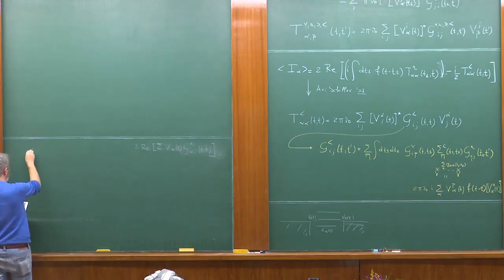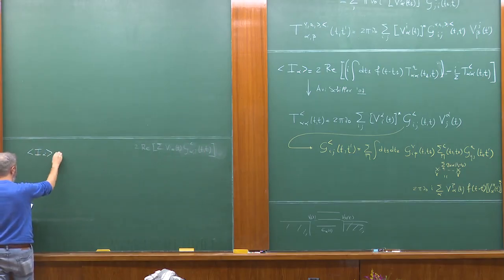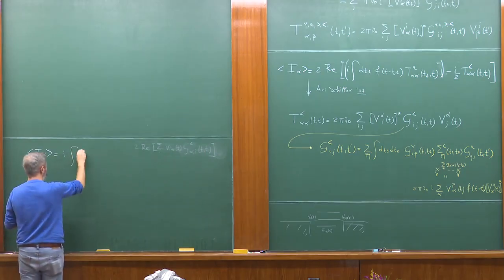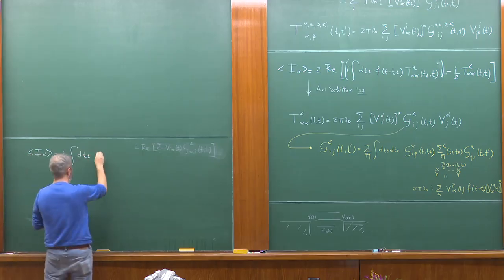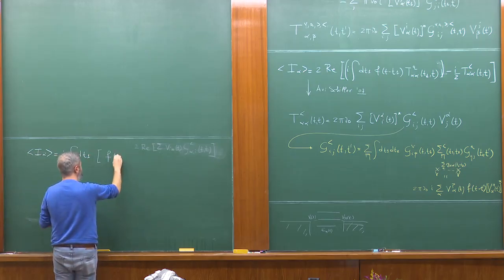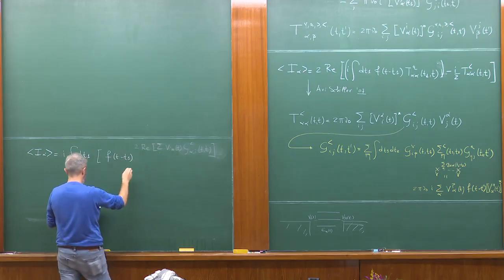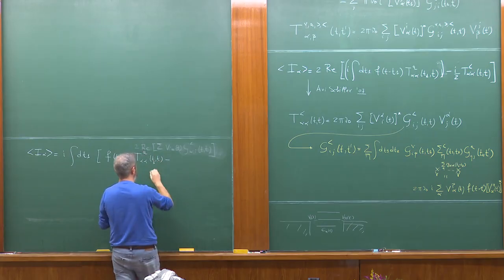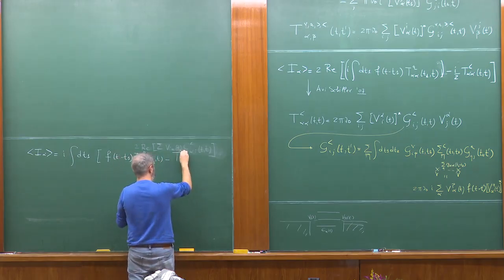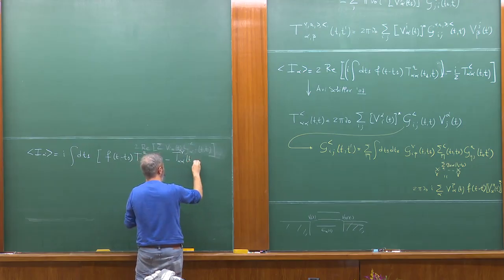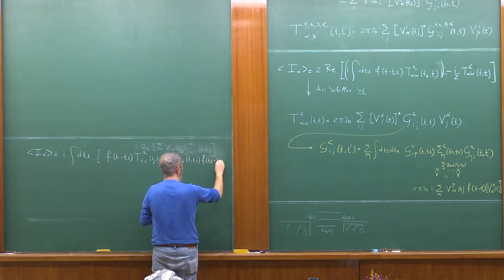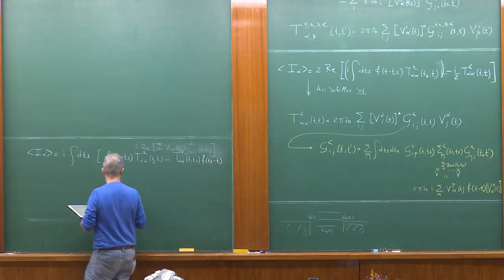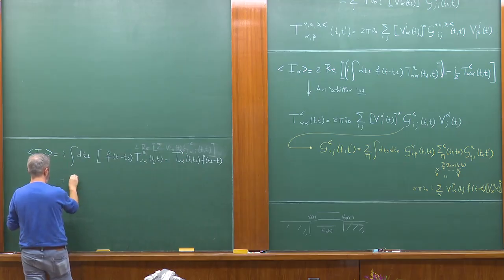So in other words, my current I alpha is I integral dt1 of f of t minus t1, T advanced alpha alpha t1 t, minus T retarded alpha alpha t t1 f of t1 minus t, and then plus the sum over beta.